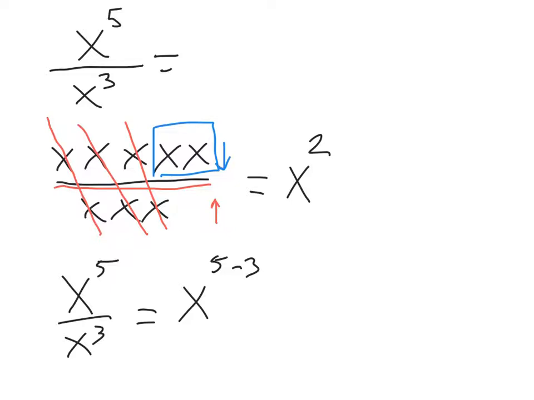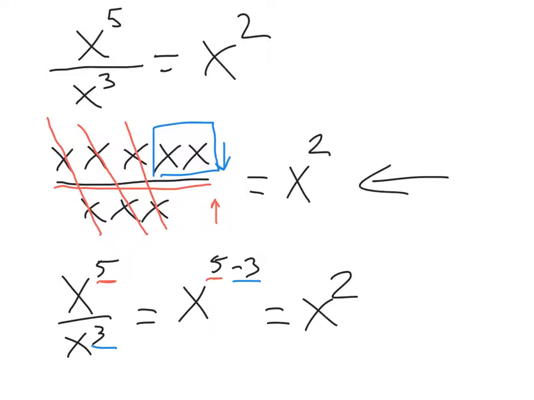We subtracted it out. So we take the exponent on top and subtract the exponent on bottom, and we still get x squared. You can either draw it out and count or subtract. Let's show a different option.